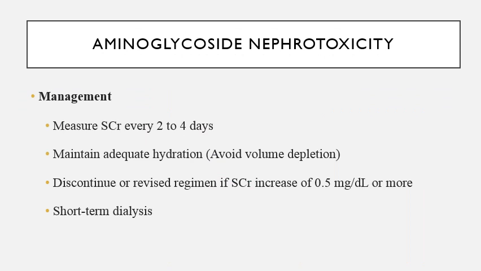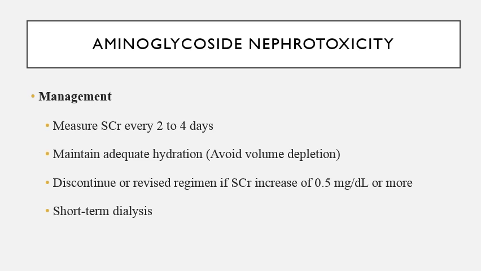Now, if the patient has suffered from aminoglycoside-induced nephrotoxicity, to manage this patient, we will measure the serum creatinine after 2 to 4 days to determine whether the serum creatinine level is coming to the normal level or not.